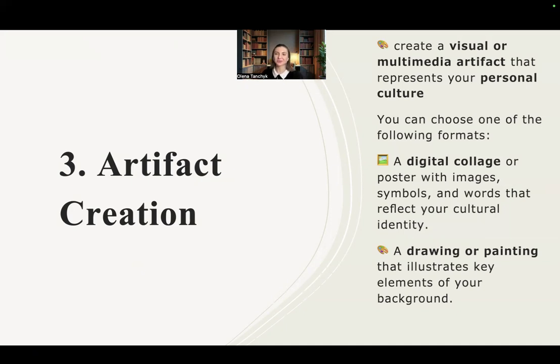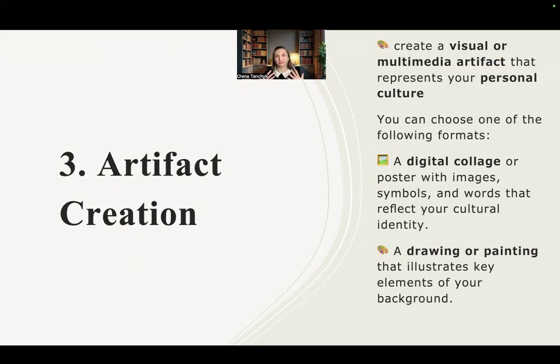My instructions will be to create a visual or multimedia artifact that represents their personal culture. For this activity, students can create a digital collage or poster with images, symbols, or simply words that reflect their cultural identity, or they can even draw or maybe even paint a picture to illustrate key elements of their background.